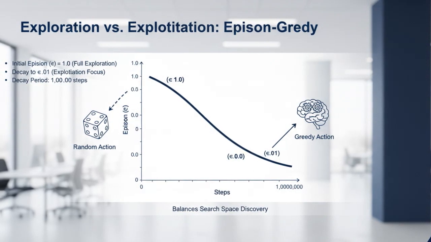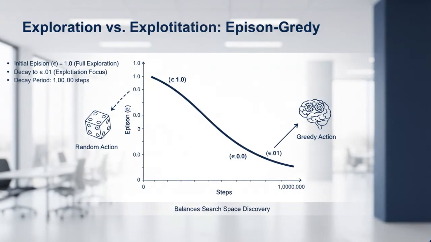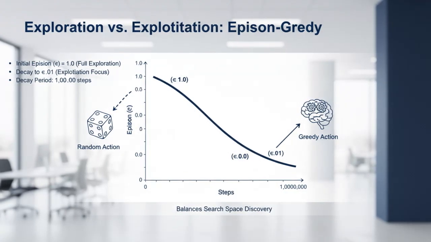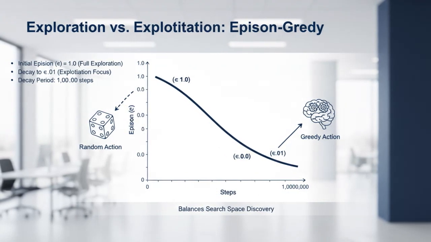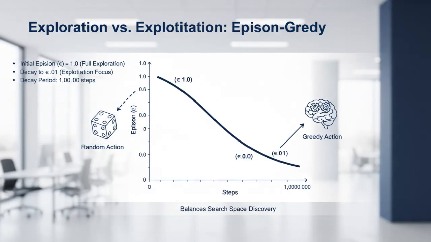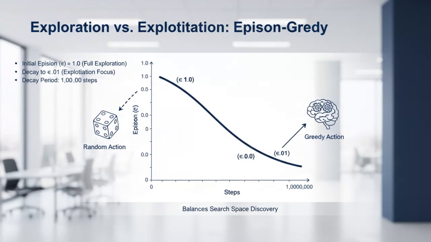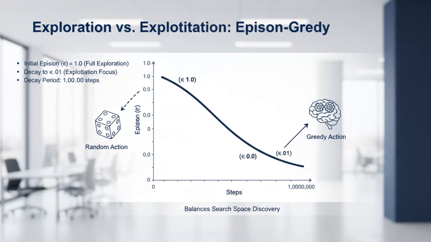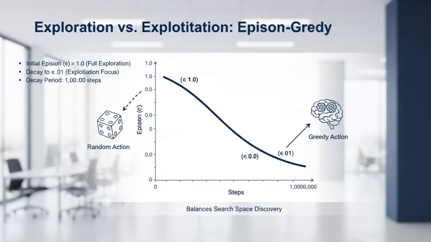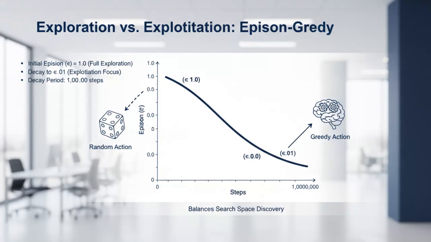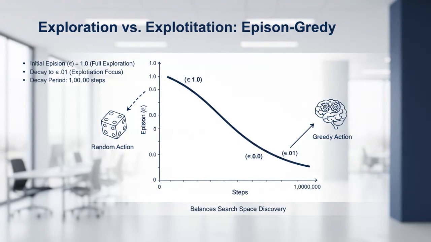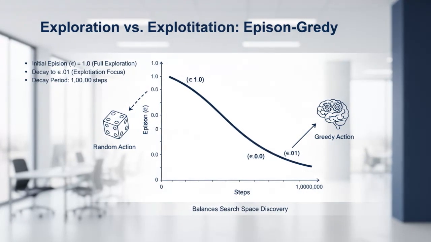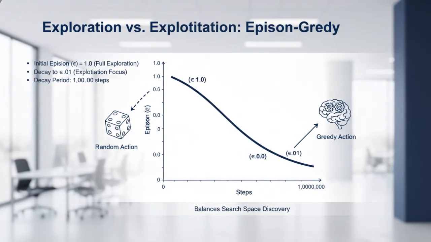Once decayed, the agent mostly exploits what it has learned, but retains a small chance of trying something new. This is a classic load balancing problem. How much new traffic, exploration, do we send to untested paths versus known good paths, exploitation? In production systems, maintaining a non-zero epsilon allows the agent to adapt to drifting environments or changes in infrastructure behavior.